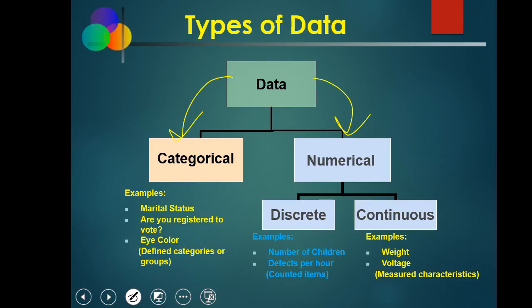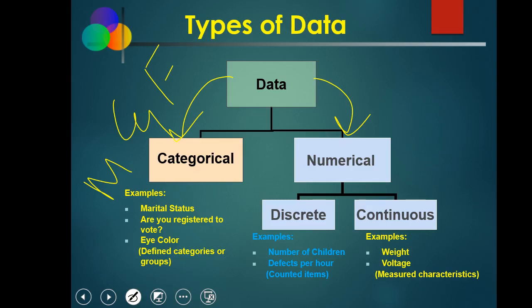For example, we have data like male or female, M and F. If we say that in one city there is 1 million male population and 1.5 million female population, this is categorical data.